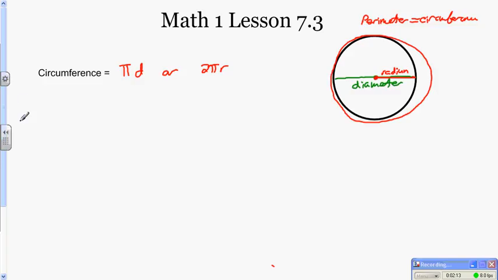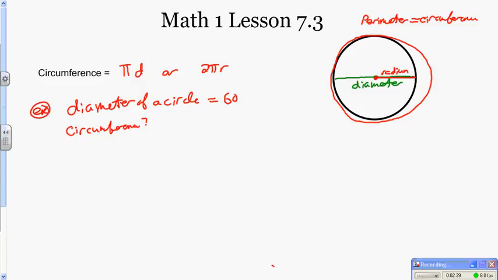So we're talking about the perimeter of a circle, and those are the two formulas that you would have. So for example, if I say to you, the diameter of a circle is 60, what is the circumference? Well, circumference is equal to pi times diameter.